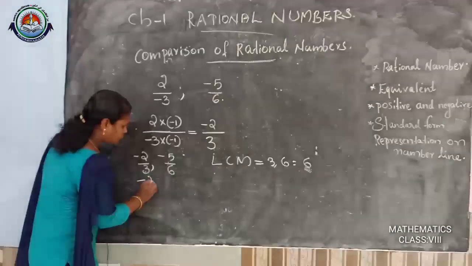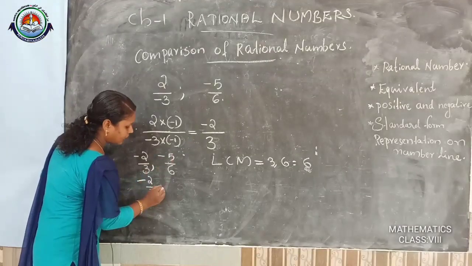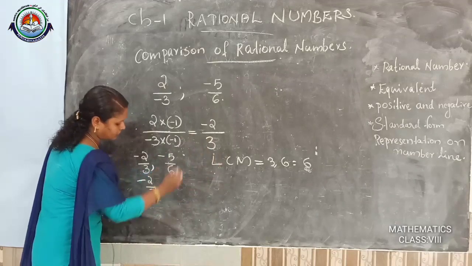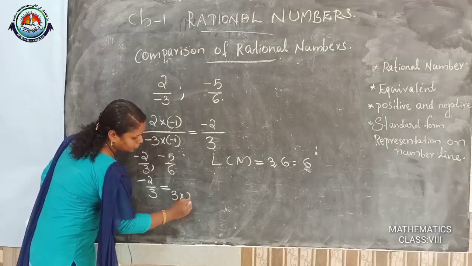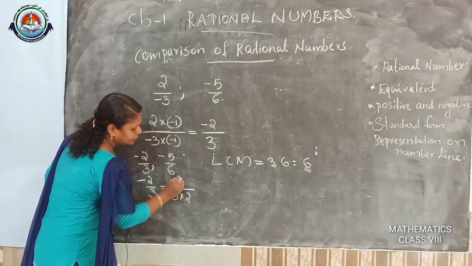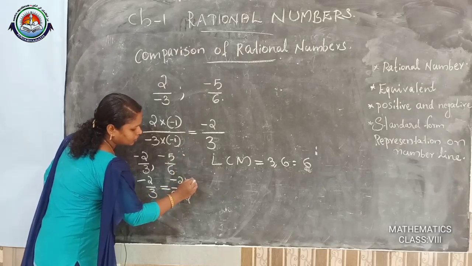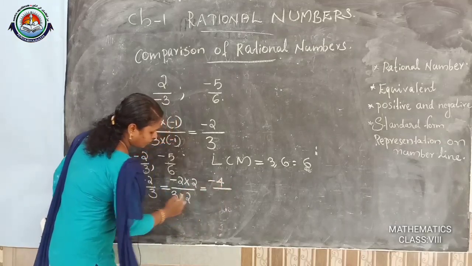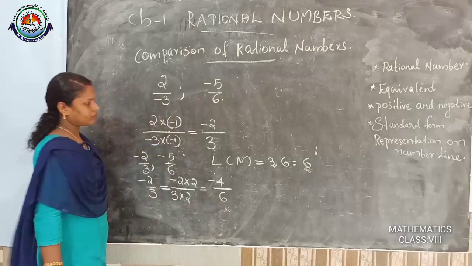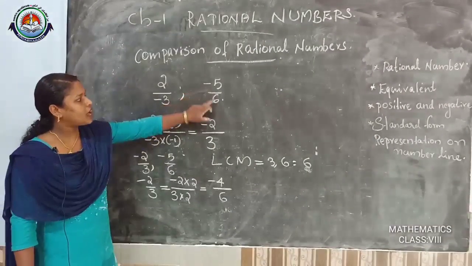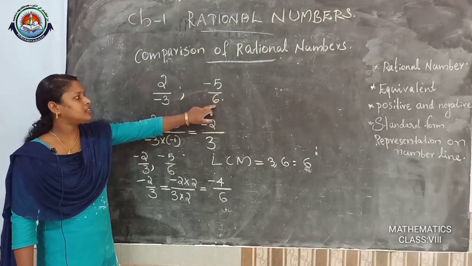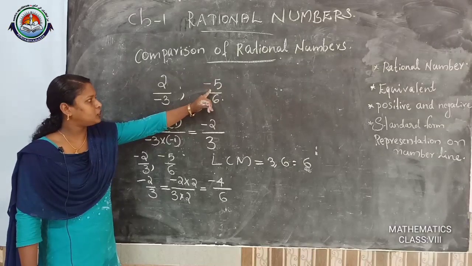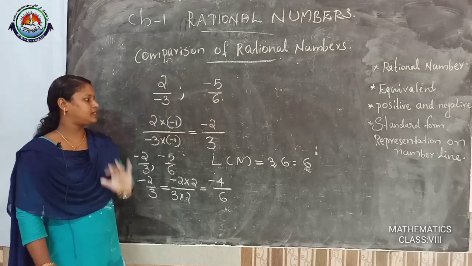Then negative 2 by 3 is equal to, we need to change this 3 into 6. That is 3 into 2, negative 2 into 2. Then it is negative 4 by 6. Then here negative 5 by 6 is already a rational number with 6 as the denominator. So no need to make any changes in negative 5 by 6.